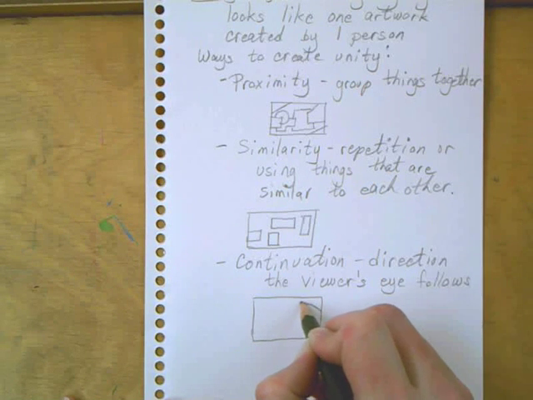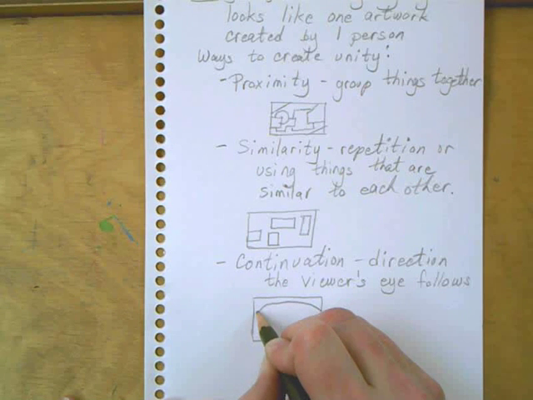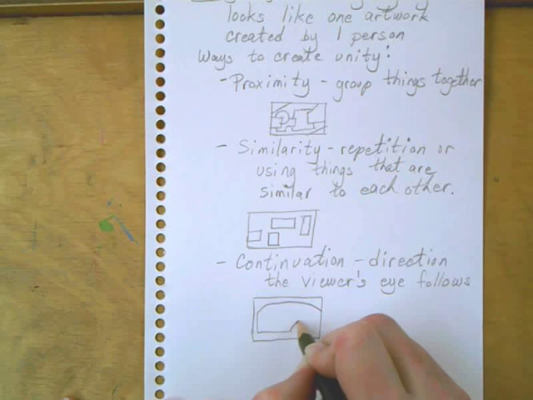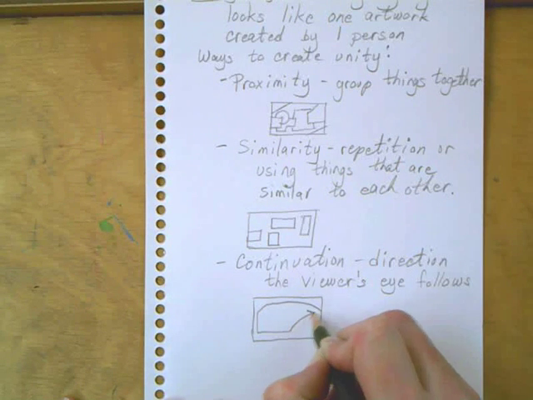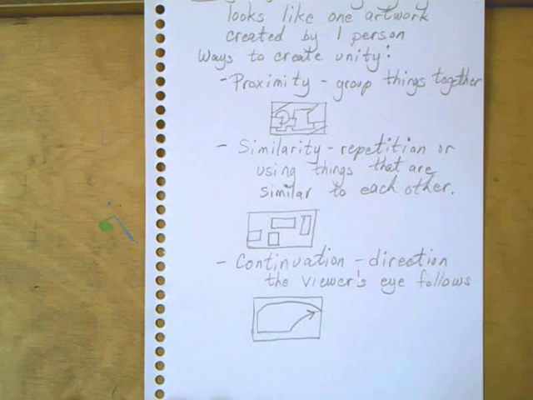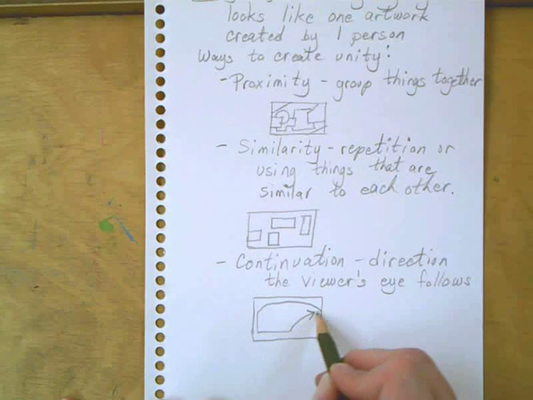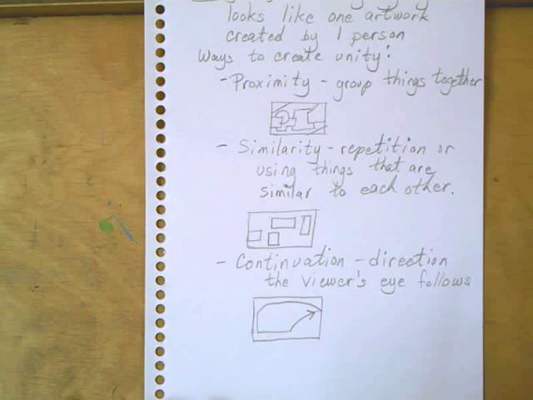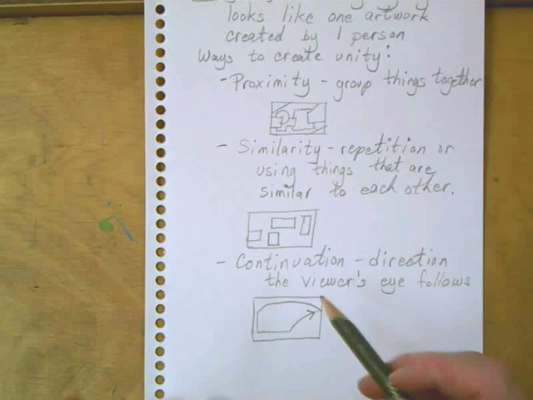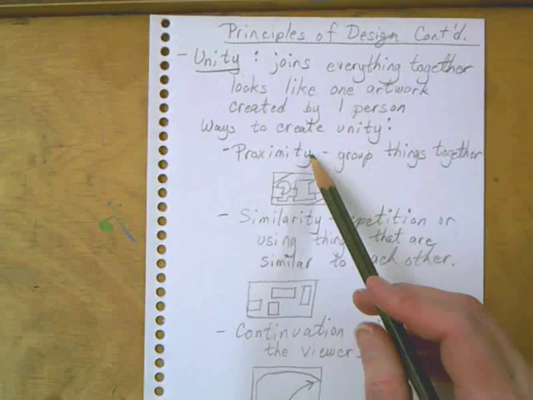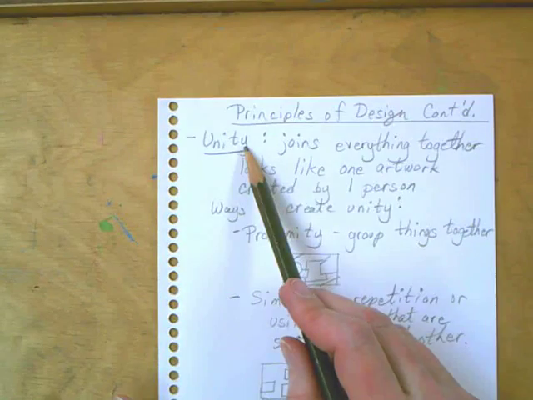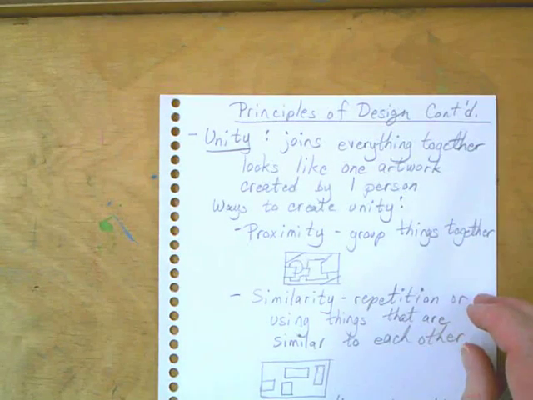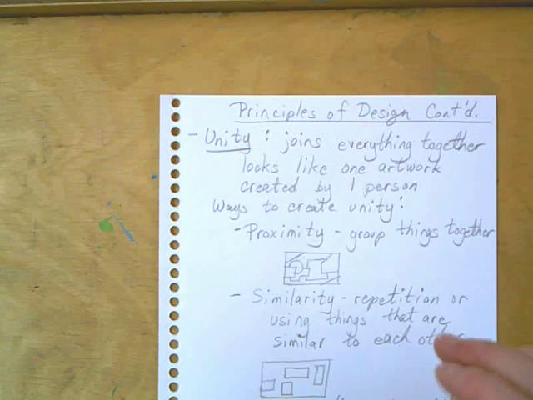It might start up here in this corner and come around down here, back up here, and back this way, and back out. So it's a continuation. It comes around and back out, and then you come back in here and keep going around. So it could be continuation, similarity, or proximity to create unity. That's all of your principles of design.